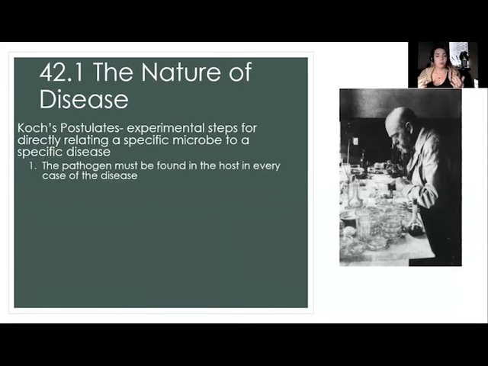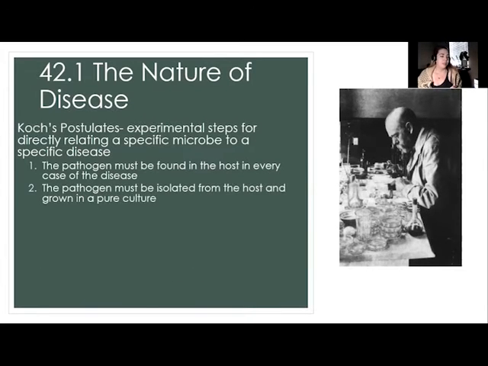So if you have a herd of cattle, and 7 of them are extremely ill, the only way to determine that that illness is from the microbe is for all of them to have the same symptoms and the same microbe. Once that pathogen has been determined, it then has to be isolated and grown in a lab.